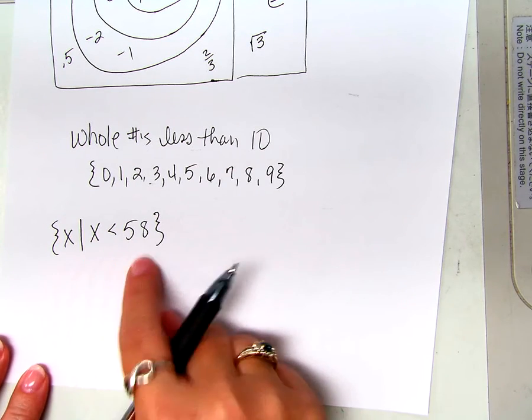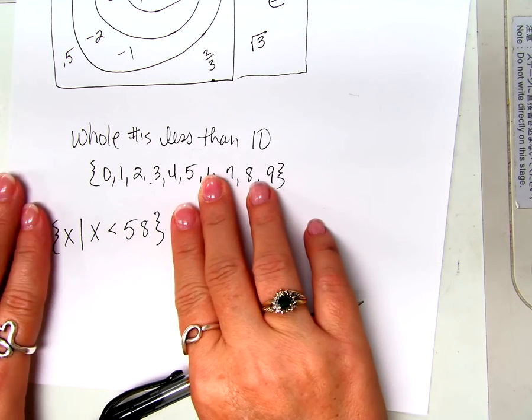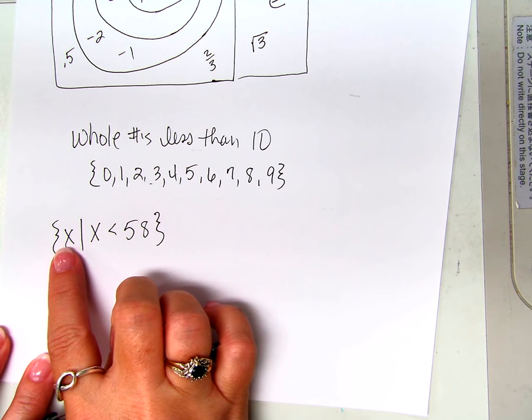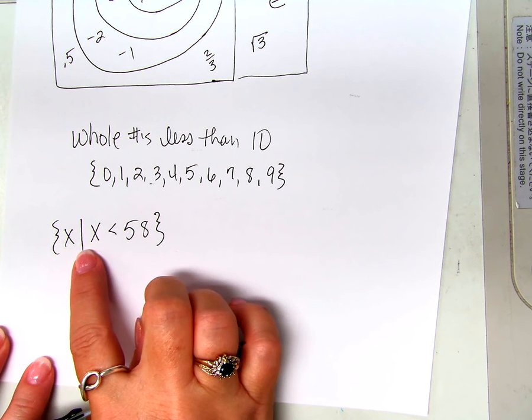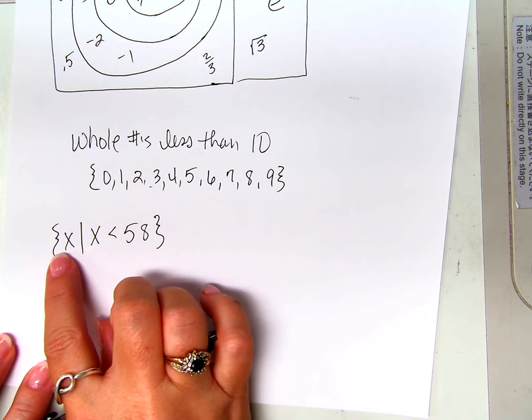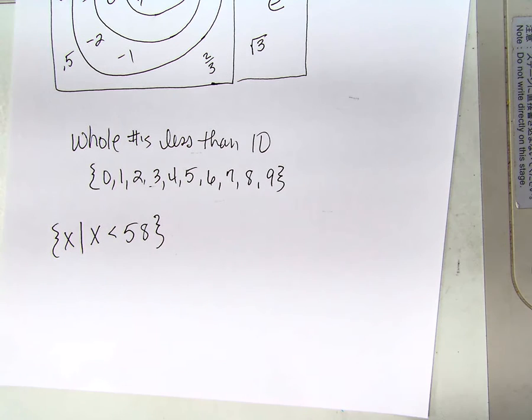A lot of people get confused by this. It's a vertical line, a mathematical symbol. It means such that. So it's telling you, hey friends, we're going to use the X, and here's the inequality we're going to use. That's all it is. That's all it means.